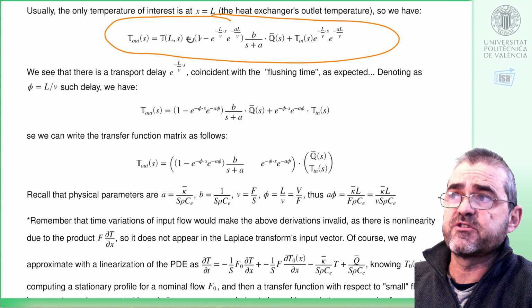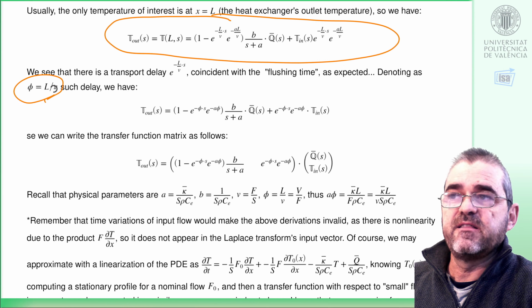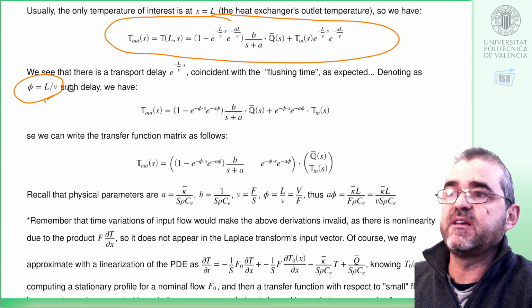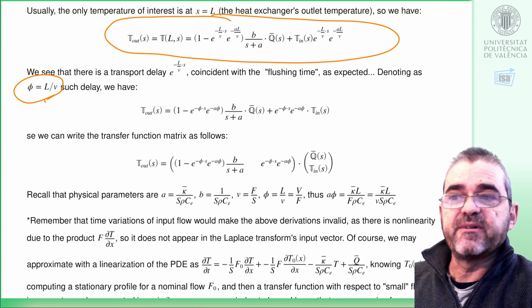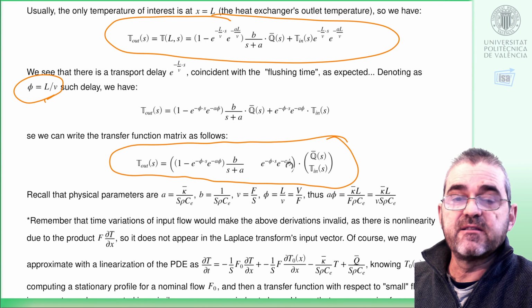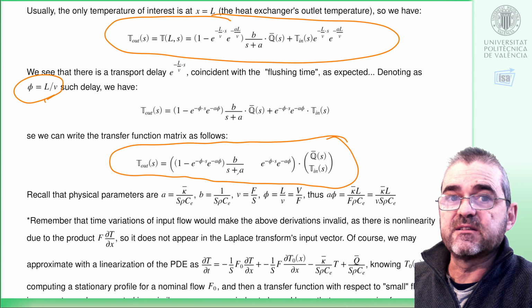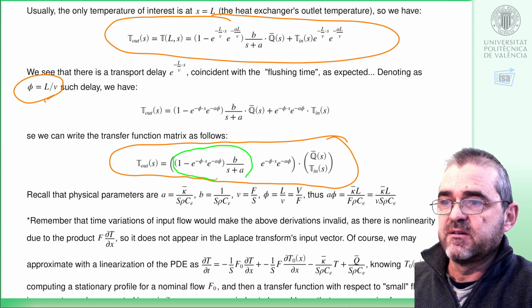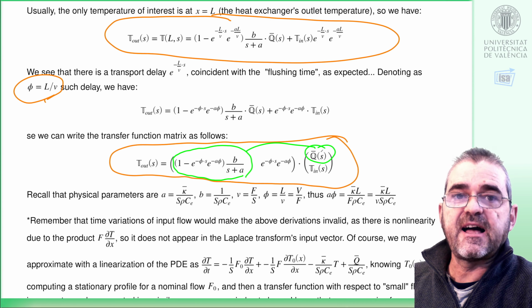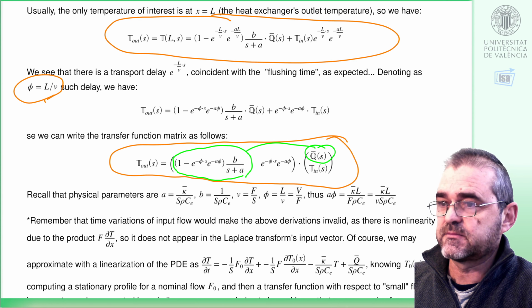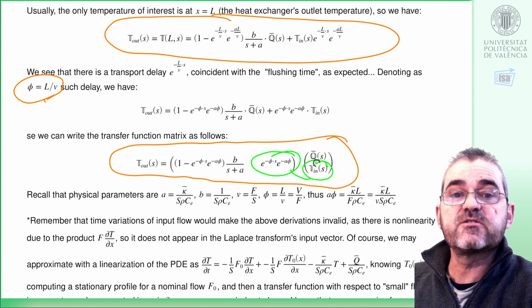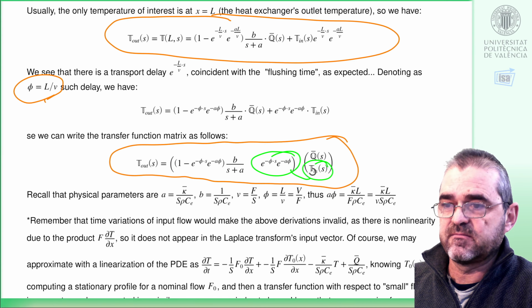And then this is a particularization for the output temperature that, if L divided by the speed is called phi, and I carry out some operations, I can write this transfer function matrix for the outlet temperature, in which this is the transfer function associated to heating power, and this is the transfer function associated to inlet temperature.